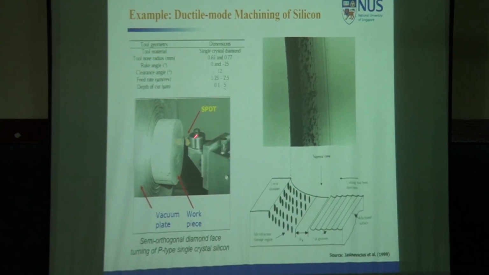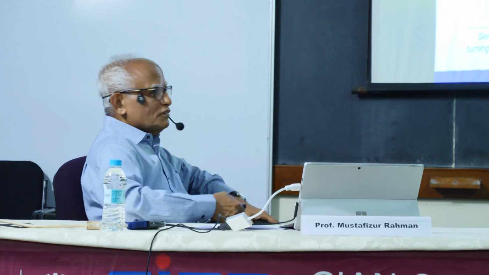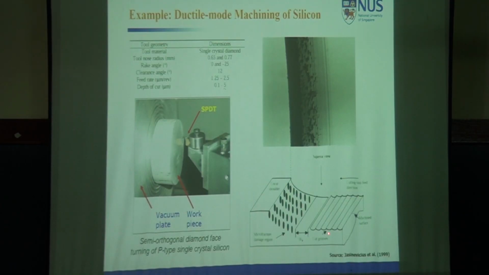Okay? So what they did, they started plunge cutting. Initially the feed rate was very small. Slowly they increased the feed rate. And finally when the feed rate was large, the fracture started. So the feed rate played this important role, which I will show you later in the milling case of silicon.